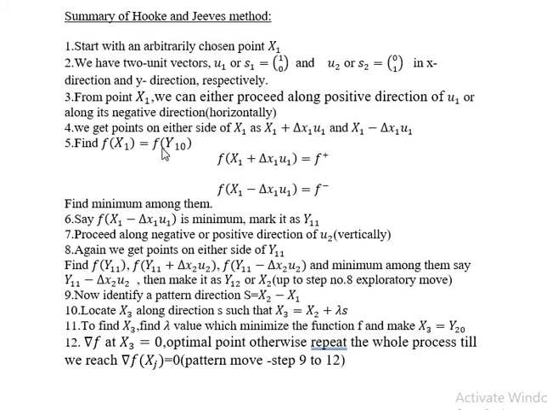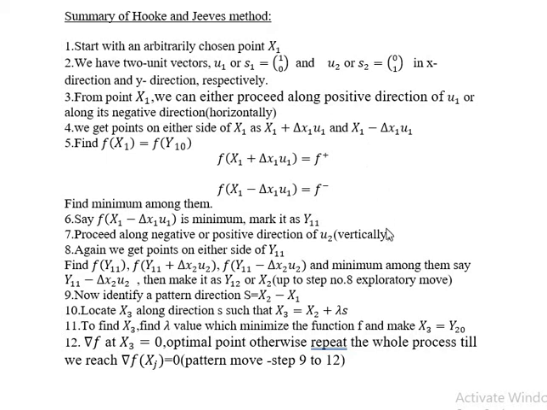Find f at x1, that is denote x1 as y10. Calculate f at y10. Then f of x1 plus delta x1 u1, denote it as f plus, and f of x1 minus delta x1 u1, denote it as f minus. Find the minimum among them. Say f of x1 minus delta x1 u1 is minimum. Mark it as y11. Then proceed along negative or positive direction of u2 vertically.